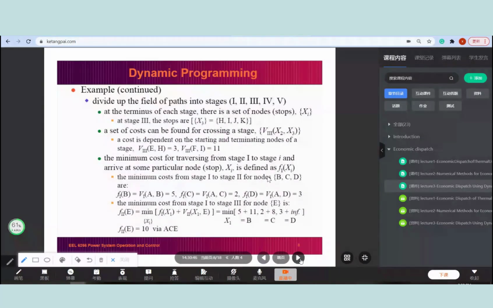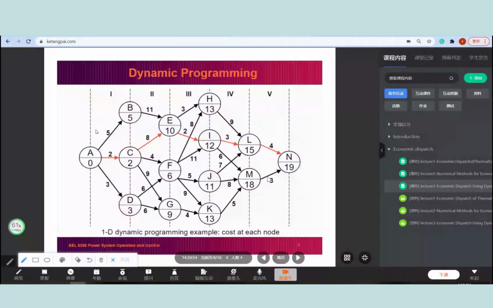Okay. So let's continue. If you travel from stage 1 to stage 3, what's the cost? Means that we continue for the next stage. We have already calculated from stage 0 to stage 1. Now you have calculated from A to this stage. What's the cost? Okay, also in this figure, we have recorded the cost for each stop.